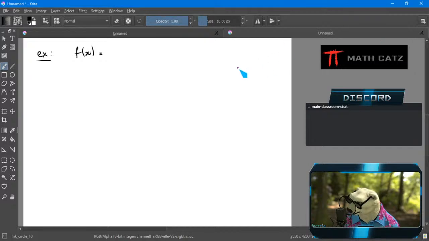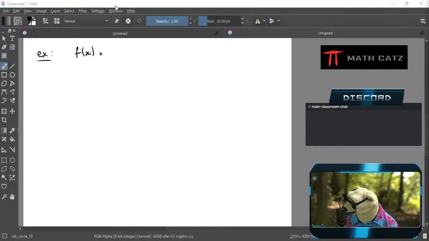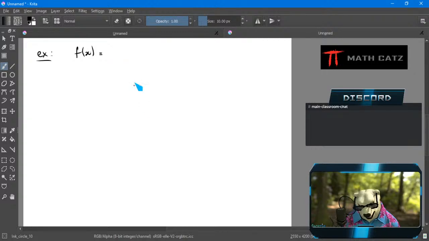So I just want my specific example to be a good first example. Let's zoom out. Okay, there we go. x cubed plus 3x squared minus 9x plus 4.